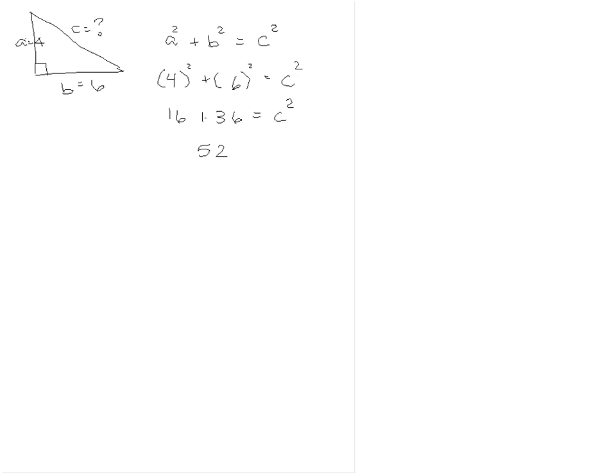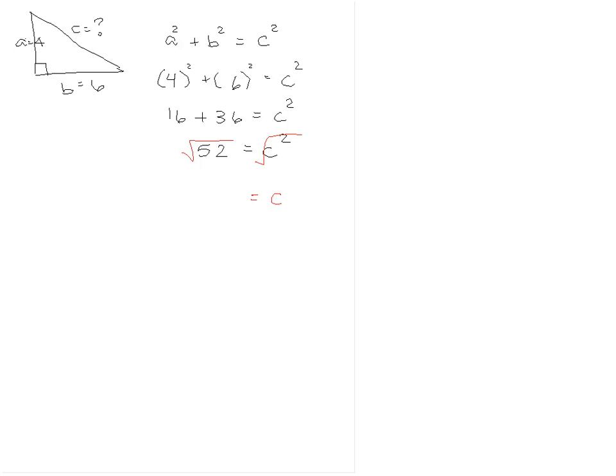So that's 52 equals C squared. Now, in order to solve for C, we take the square root of both sides. If you take the square root of C squared, you get C. But we also have to take the root of 52, and that's not a perfect square root. So how can we reduce it?